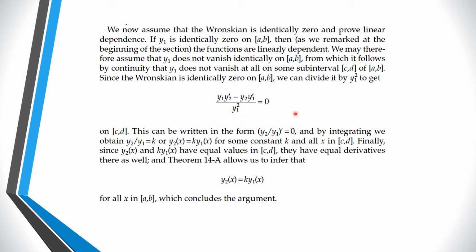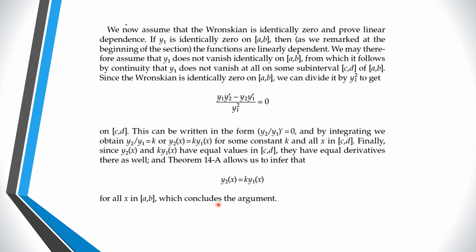So we can solve this by taking the integration on both sides. When you integrate both sides, you will have this equal to a constant. So we have y2 upon y1 is a constant. It means y2 is some constant multiple of the other one on a subinterval, which implies the same on the complete interval AB. So this implies that y2 and y1 both are dependent on each other whenever the Wronskian is identically 0.